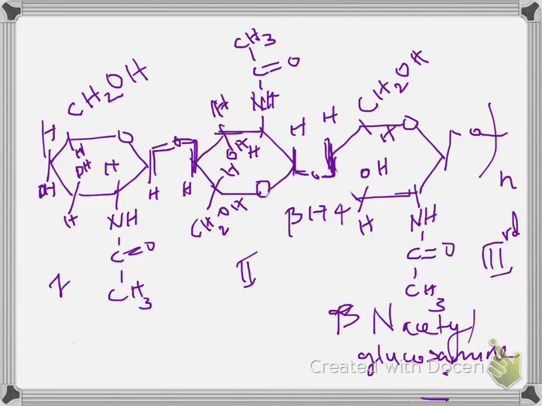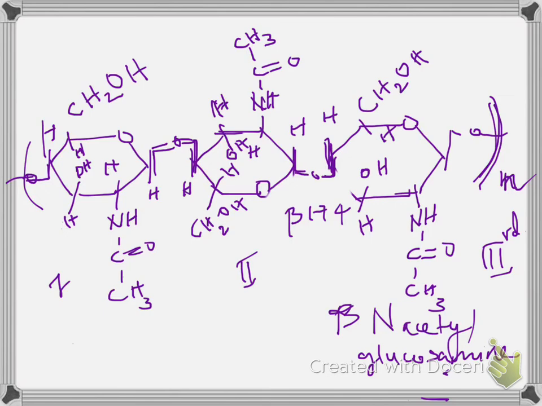In this way, a number of N-acetyl D-glucosamine molecules combine together to form chitin with the removal of several molecules of water.